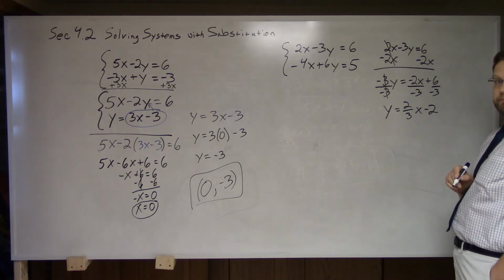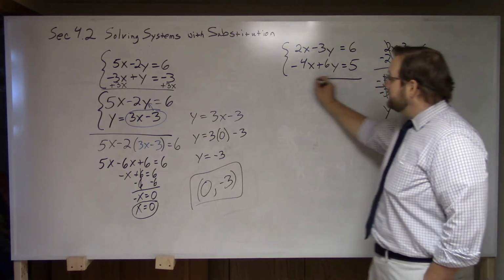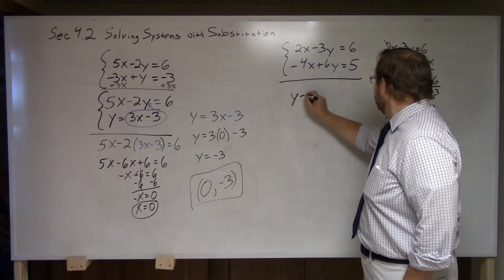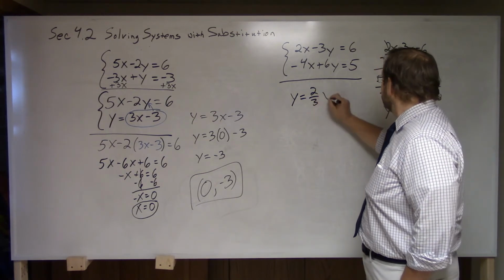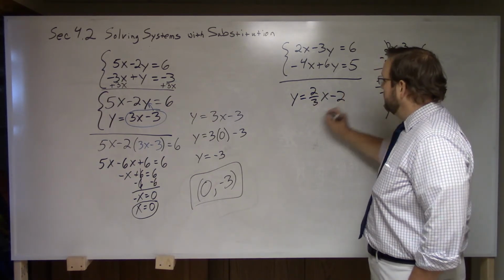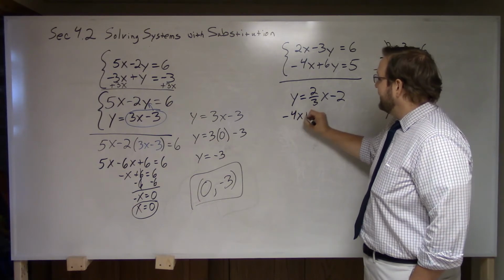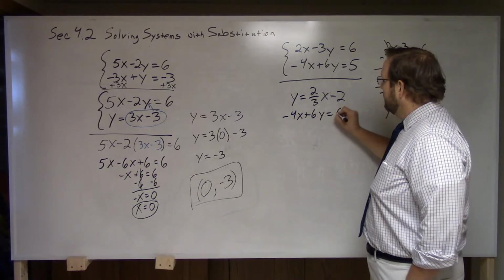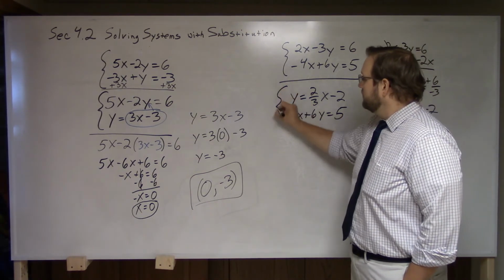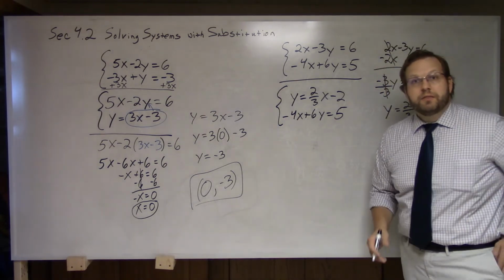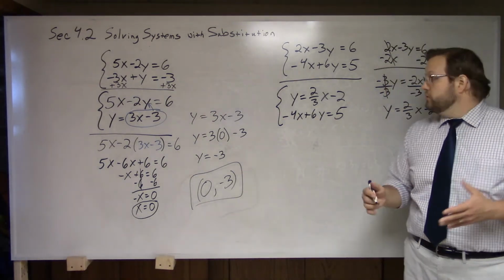And there we have it. Okay? So my new system is going to be y equals 2/3 x minus 2. And then I copy that second equation down. Okay, that now sets up the substitution.